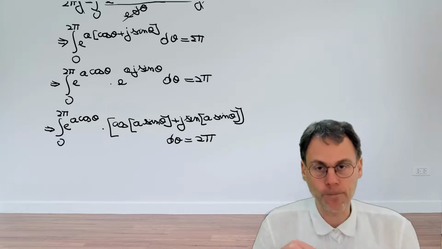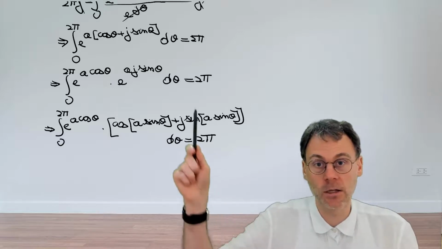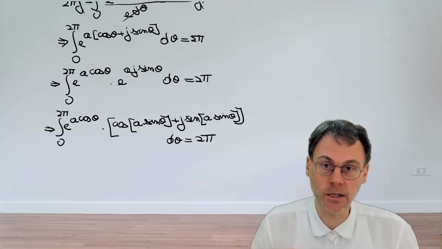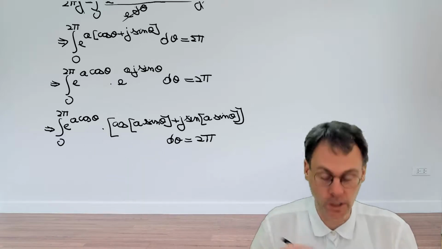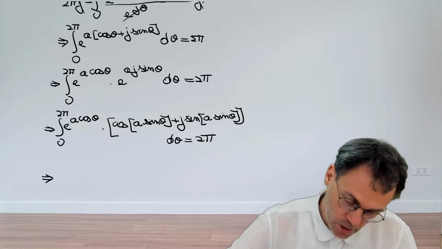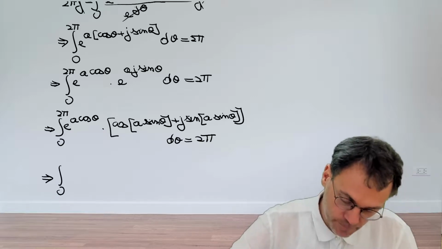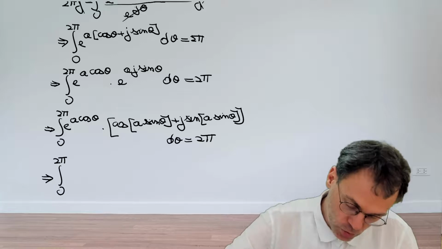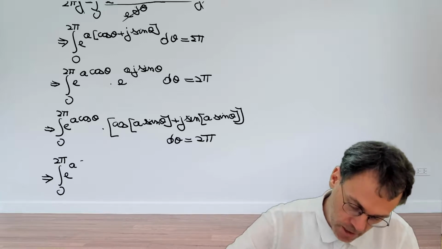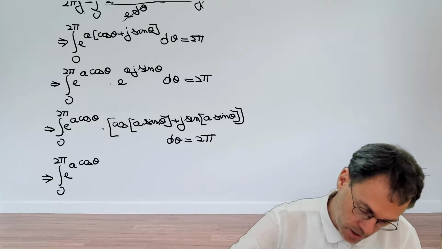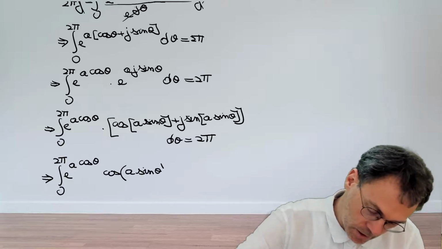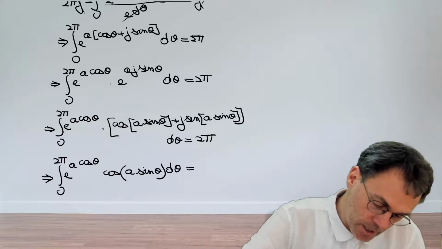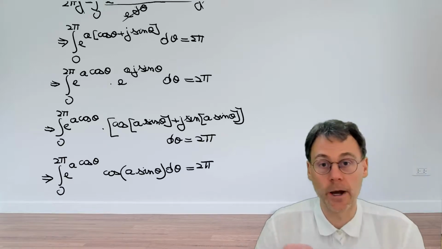Okay, what we're now going to do is take the real part of that expression. That will allow us to get rid of this sine here, because what we're working towards is an expression that involves the cosine over here. So if we take the real part, we end up with the fact that the integral from 0 to 2 pi of e to the a cosine theta times cosine of a sine theta d theta is equal to 2 pi.